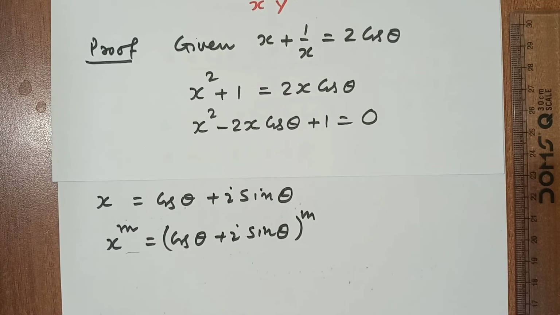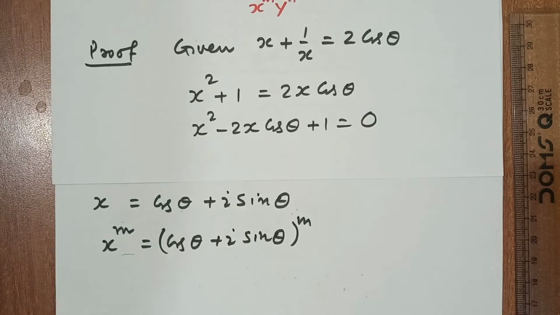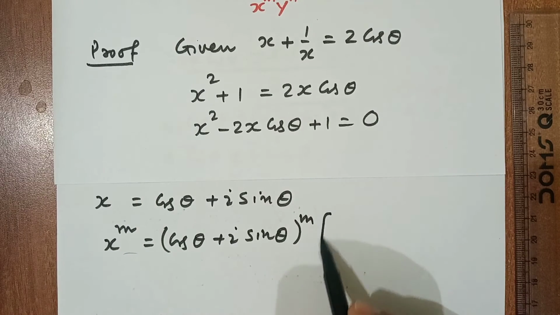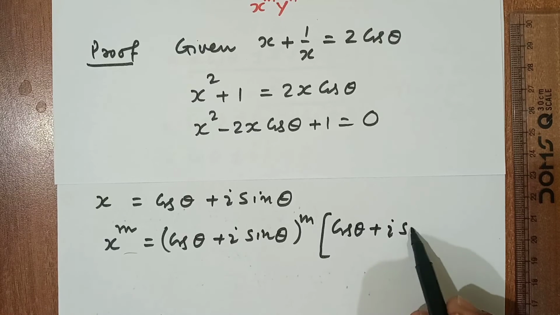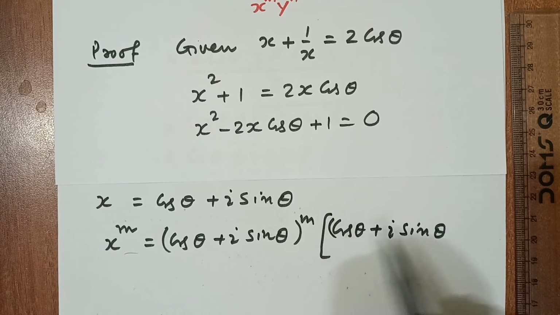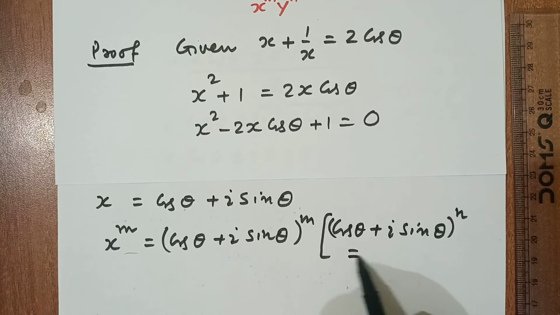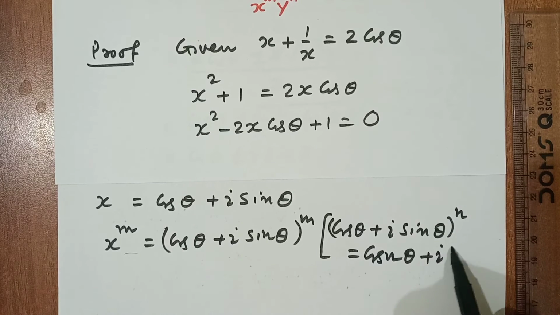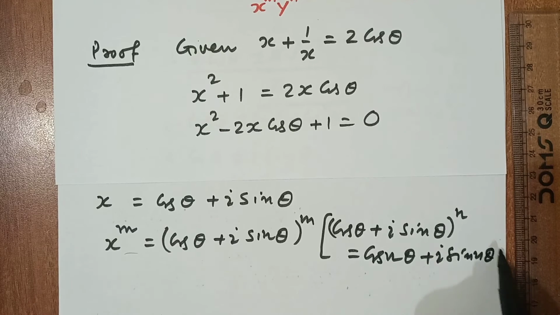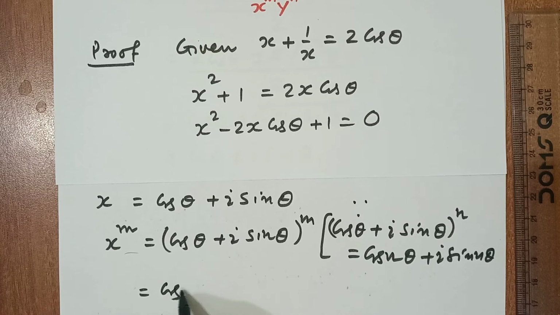Now by de Moivre's theorem, (cos theta plus I sin theta) to the power n is equal to cos n theta plus I sin n theta. So this is equal to cos m theta plus I sin m theta.